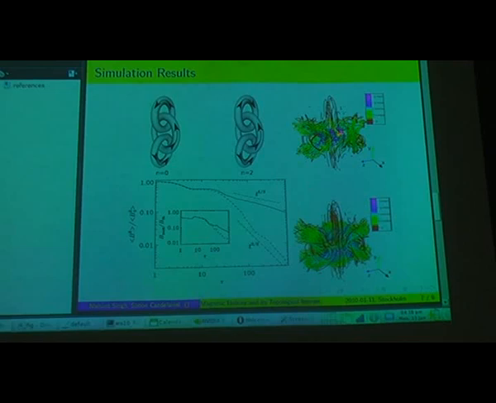You see here plotted all the magnetic field lines at the same time. This is the zero helicity case, this is the finite helicity case. And as you can see, in the zero helicity case, the initial structure is not observable anymore. So it's pretty much destroyed. While in the finite helicity case, the topological structure is still there.